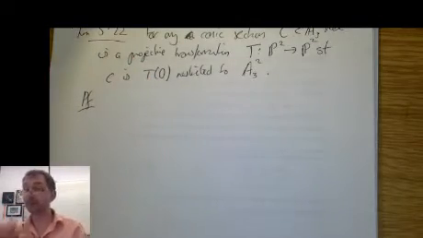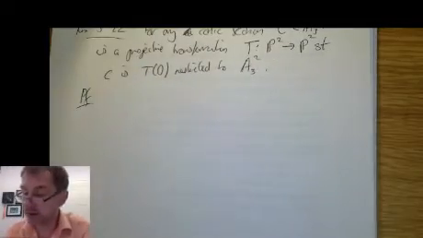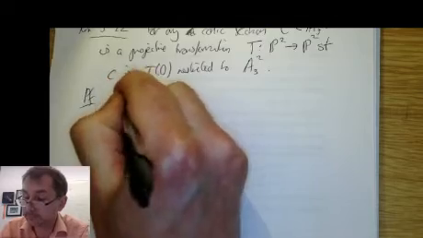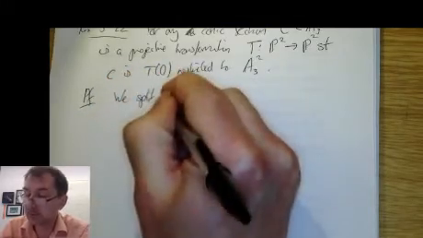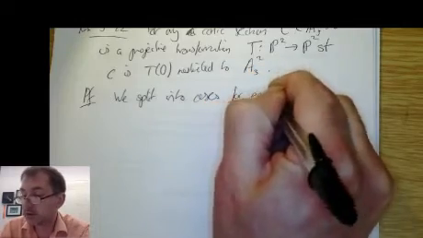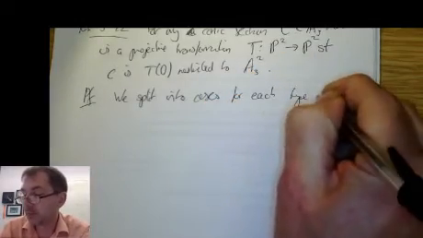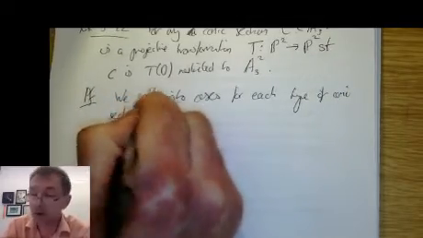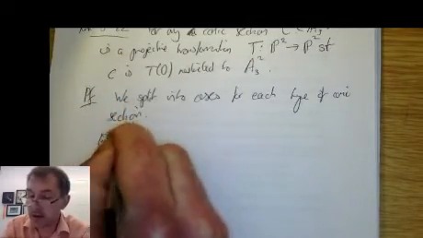So we don't need to take cases, but we will. We split into cases for each type of conic section. Let's start with the ellipse.